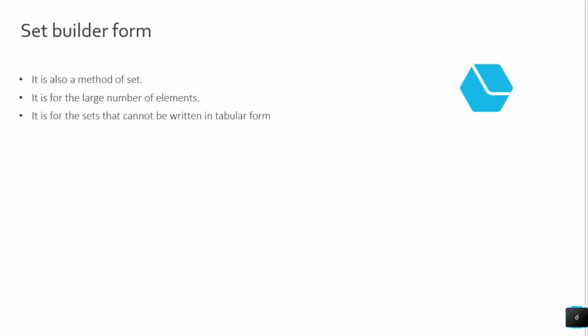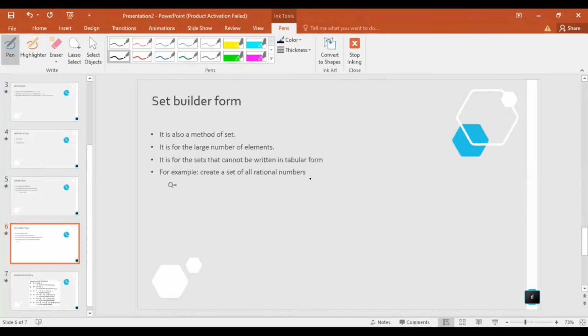It is for sets that cannot be written in tabular form. For example, create a set of all rational numbers. What will be the answer of this? I will show you. We have to write a rational number set.